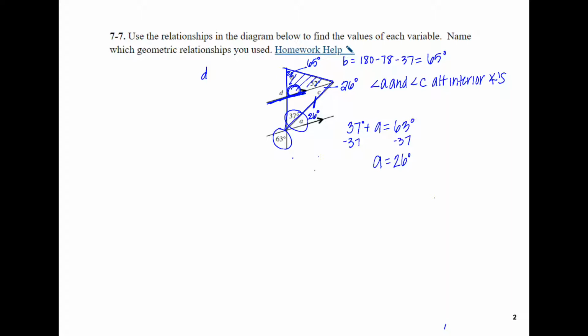So we can do 180 minus 65 minus 52 to give us this angle right here is 63 degrees. It didn't ask us for that angle, but once we find that, it'll be helpful in order to do supplementary angles, which means 180 minus 63 tells us that D is 117 degrees.